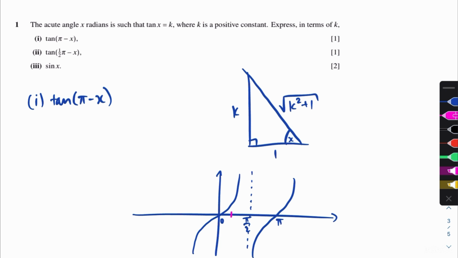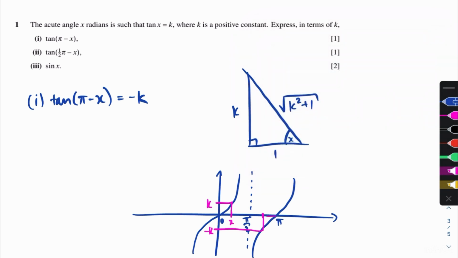So if we call this x here, tan x is k, and we know that. So pi minus x would be around here, and this would be minus k. So we've got an answer now. It's tan(pi minus x) equals minus k. So I got that from the graph.